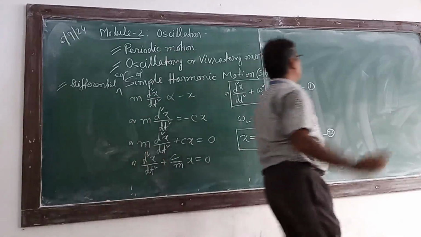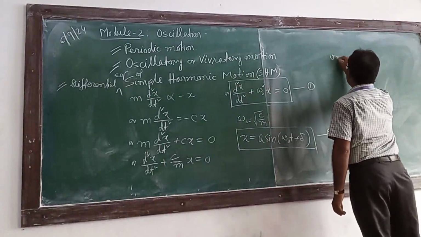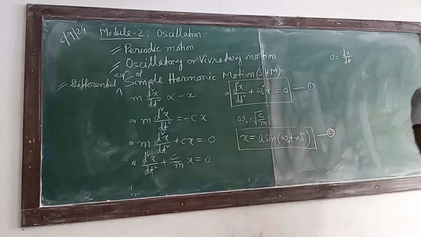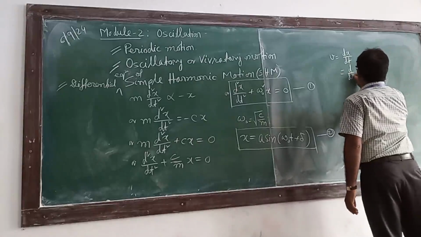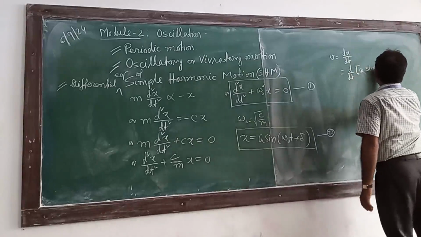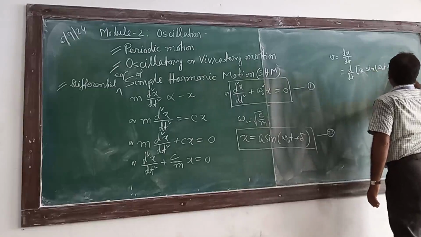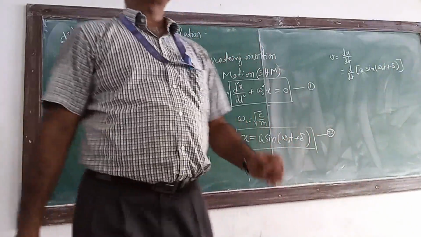So the velocity: we know the velocity v equals dx by dt. So this x equals d by dt of a sin(omega naught t plus delta). Now find out the differentiation.